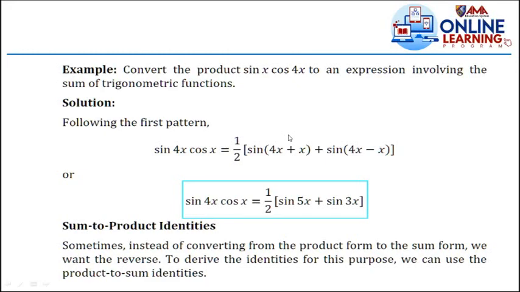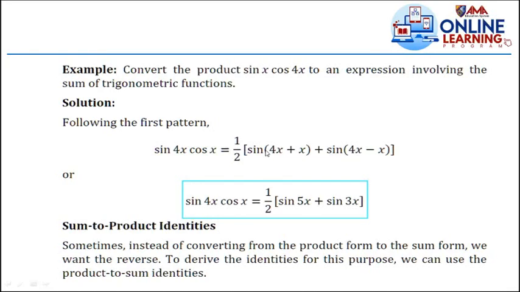Example: convert the product sine x cosine 4x to an expression involving the sum of trigonometric functions. Solution, following the first pattern: sine 4x cosine x is equal to 1 half sine 4x plus x plus sine 4x minus x.